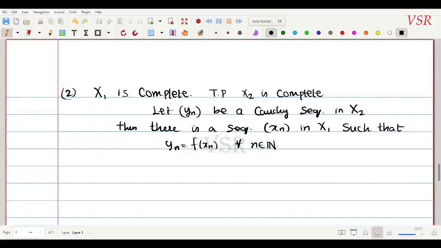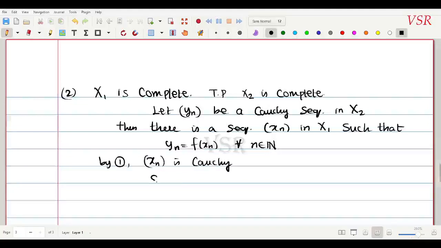அப்போ இப்போ, xn is Cauchy, கரெக்ட்டா? ஏன் f of xn is Cauchy னு கொடுத்திருக்கேன். f of xn is Cauchy if and only if xn is Cauchy. புரியுதா? அப்போ f of xn Cauchyங்கிறதுனால xn ம் Cauchy ஆயிடும்.